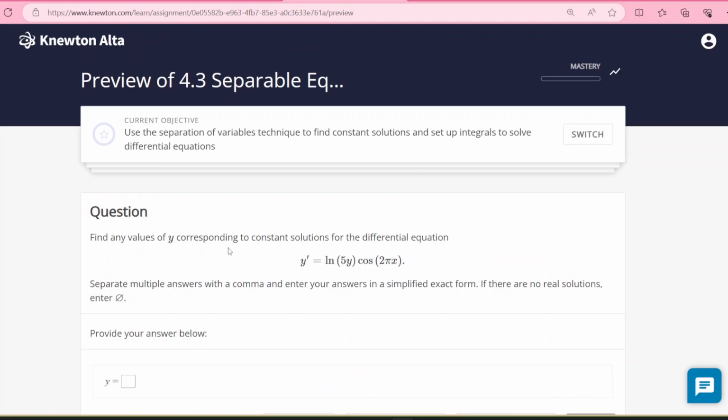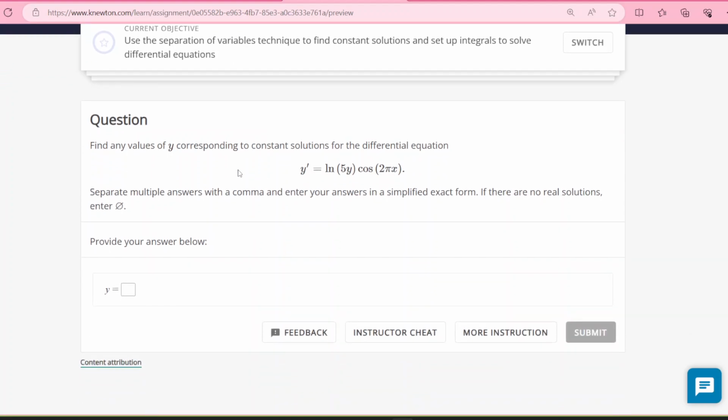Okay. So the first objective I'm seeing here is use the separation of variables technique to find constant solutions and set up integrals to solve differential equations. All right.